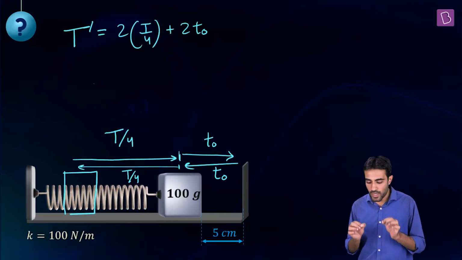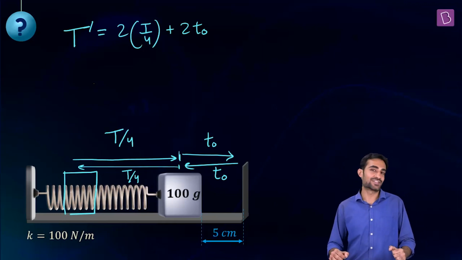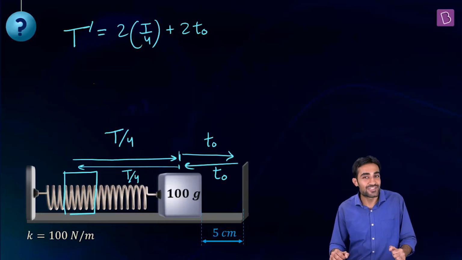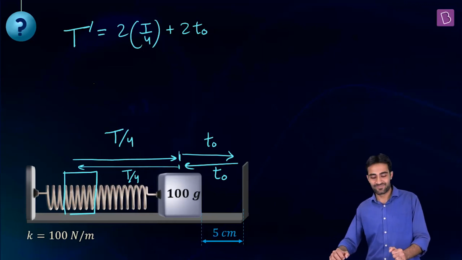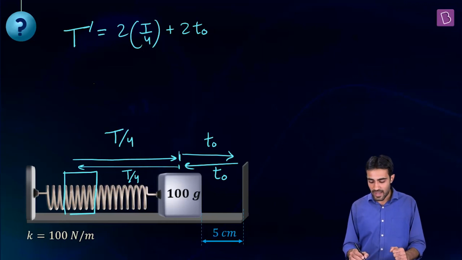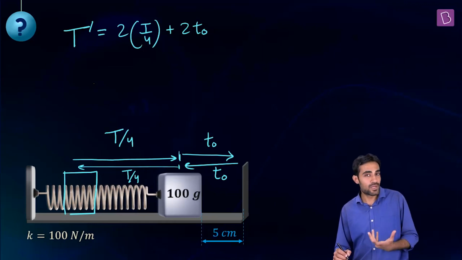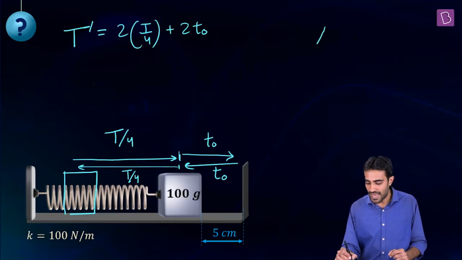Now, we must know the value of t naught to calculate this time period T dash. So, shall we calculate t naught? Let's begin. Let's say when the object is at mean position and performing simple harmonic motion, its equation of SHM can be written as x equals a sin omega t.